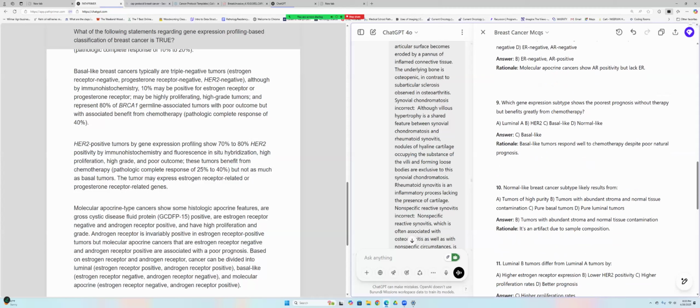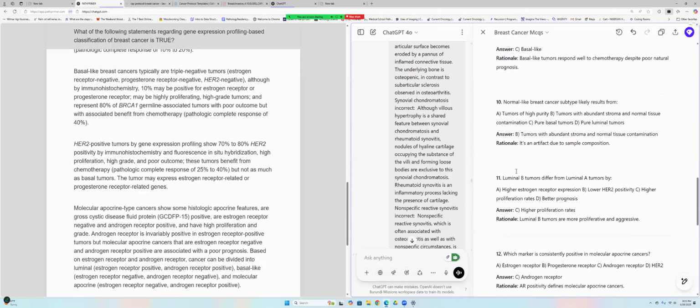Question number 9. Which gene expression subtype shows the poorest prognosis without therapy, but benefits greatly from chemotherapy with up to 40% complete pathologic response? Basal-like, despite poor natural prognosis. Normal-like breast cancer subtype likely results from what? Tumor with abundant normal tissue contamination.